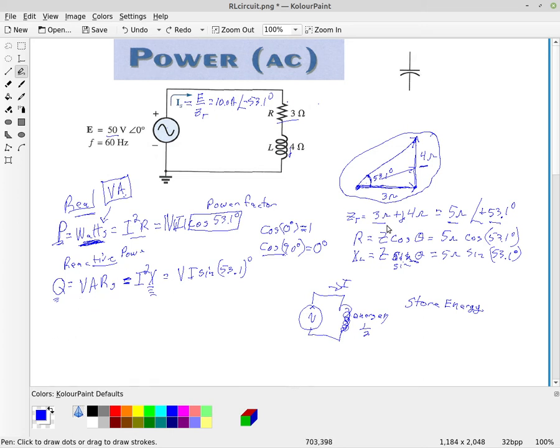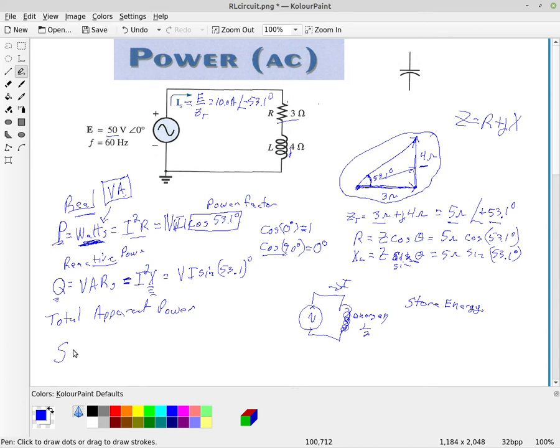Now, if we looked at the impedance, Z is equal to R plus jX, so it's resistance plus the reactance. When we talk about power, we have a total power, something called total apparent power, and they use the symbol capital S for that.